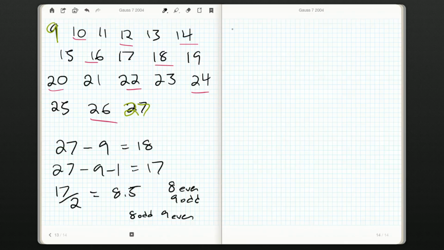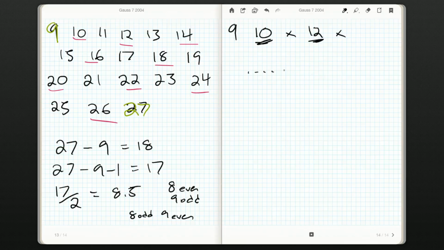And when I think about it, I'm going to go 9, then 10, which is an even, then a not even, then an even, then a not even. So I start out with evens. Then when I think about coming all the way down to the end, it'll go an even, and then an odd, so one we don't care about, 26 and 27.